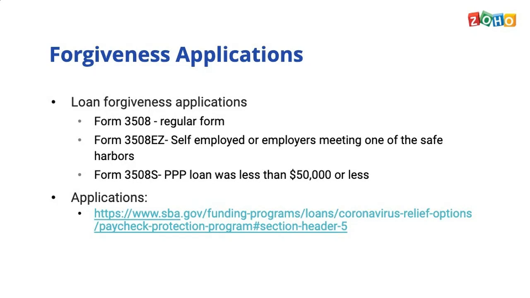Okay, awesome. So let's go ahead and continue on so we can get to those forms, and hopefully we can finish the forms quickly so that we can get to just Q&A for the remainder of the session. So what you need for these forms is your payroll information. You can get that from your bank account statements, payroll reports, documents from a payroll provider, or if you're using accounting software, you can get it from there as well.